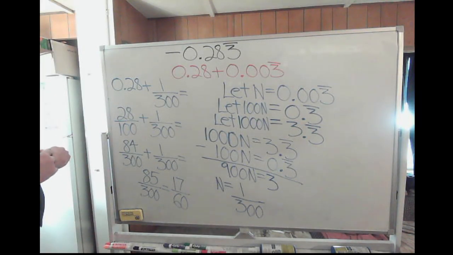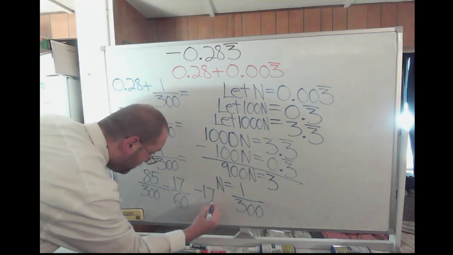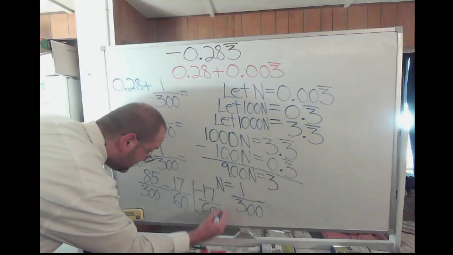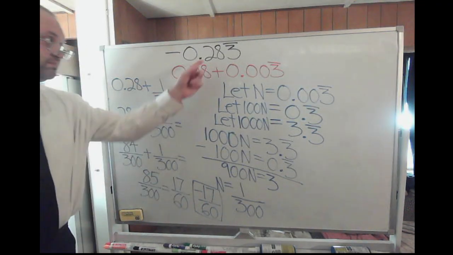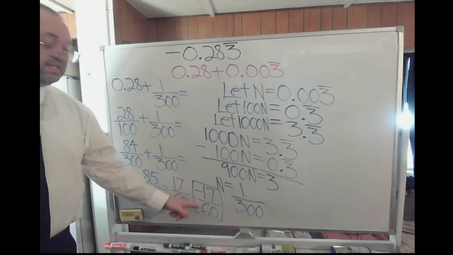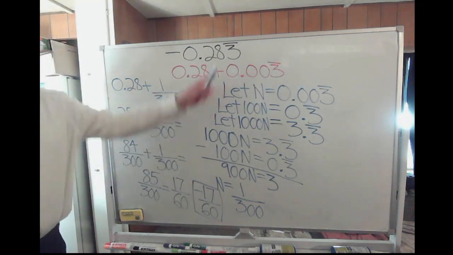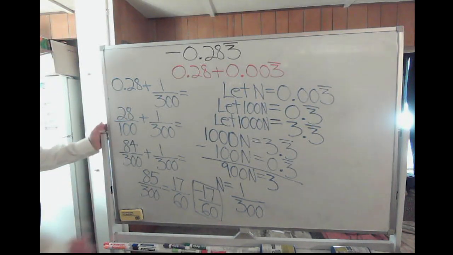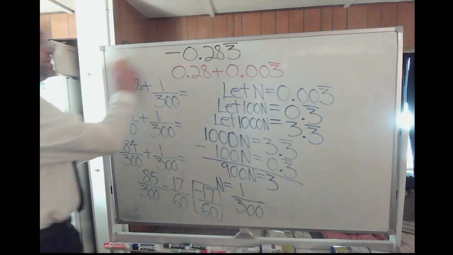The last thing is, don't forget your negative sign from the beginning. The actual fraction you want is negative 17 60ths. So the fraction form of this number is negative 17 60ths. And if you don't believe me, just punch it into the calculator, you'll get exactly that number. So negative 17 60ths would be the answer to this.